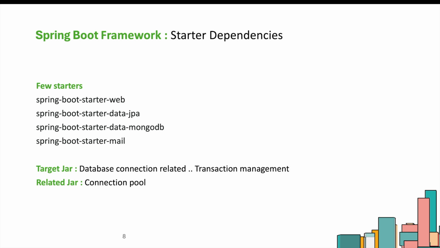Suppose I want to develop a web-based application by using Spring Boot. If I use Spring Boot Starter Web, I'm going to get all the web related jars, JSP jars, container jars, everything. If I want to add database related stuff, I can use Data JPA. It will give you all the jars related to the database connection pool, transaction management, everything. If I want a mailing feature, I can use the mail starter.